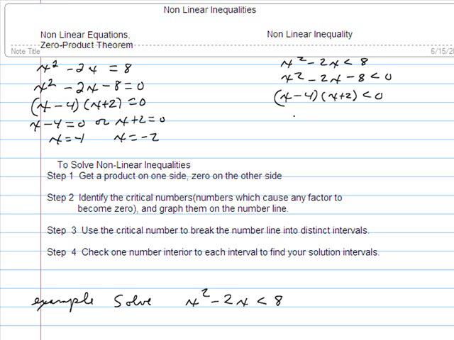Can I then say x minus 4 is less than 0 or x plus 2 is less than 0, and then x is less than 4 or x is less than negative 2? Now, or means that a solution is any number that would either be less than 4 or less than negative 2.